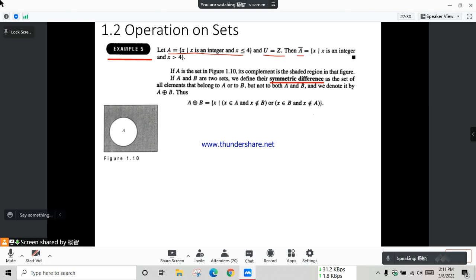It means all the elements that do not belong to A but belong to the universal set. In this example, the universal set is the integers. So the complement of A is the set like this.